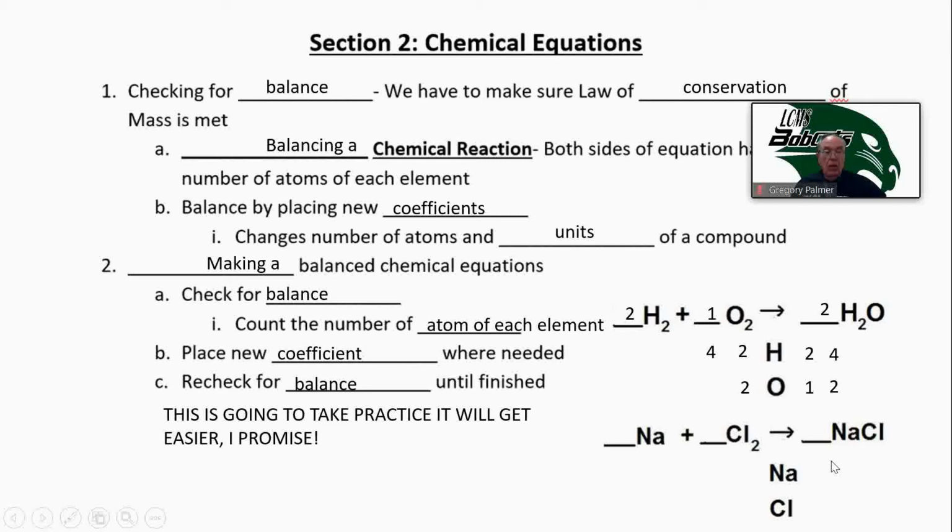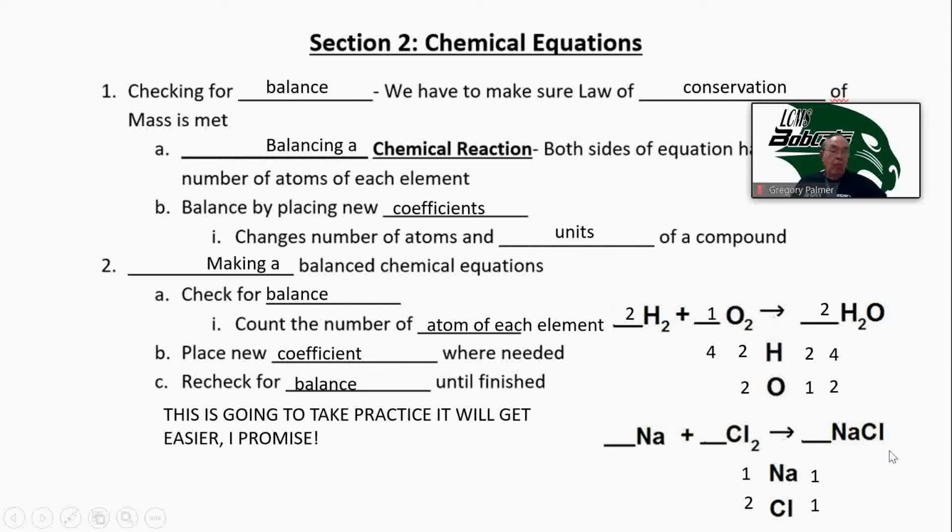There's one sodium and one chlorine. So we're going to count the number of sodiums. There's one. And in Cl2, there's 2 chlorines. And then in each unit of the compound of salt, there's 1 sodium and 1 chlorine. So what's the problem? The problem is the chlorines are not in balance. There's more here on the reactant side than there are here on the product side.